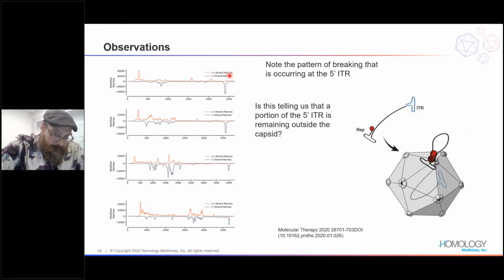So this just seems to be a scientifically interesting observation as far as the biology goes of these viruses, is that there also seems to be a natural, anticipated break that's occurring at the 5' ITR. What does it mean? We don't know, but scientists, these kind of things are kind of cool and exciting. I thought worthy of pointing out.